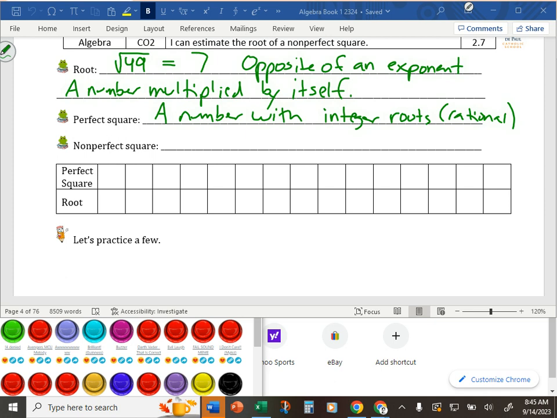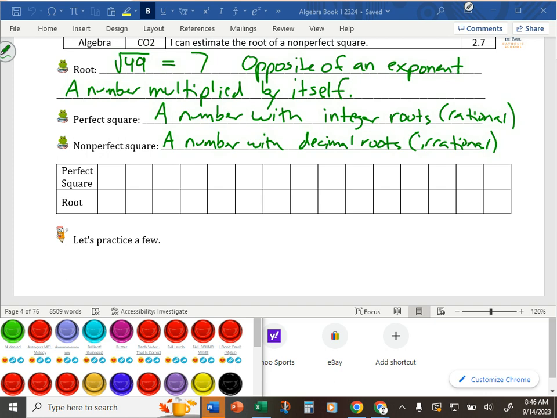A non-perfect square is a number with decimal roots, which would be irrational. The root of 13. Nothing times itself is 13. No rational number times itself is 13, so it's going to be an irrational value.